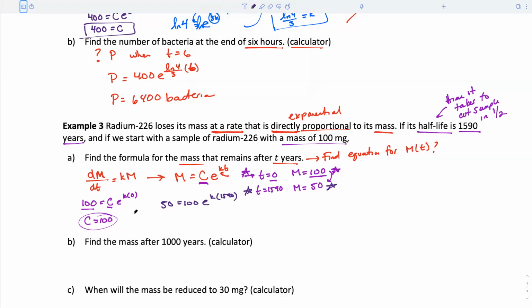Divide by 100, you get a half. Take the ln of both sides. I'm just doing a bunch in one step, right? Divide both sides by 1590.